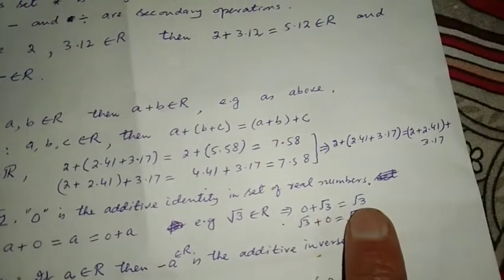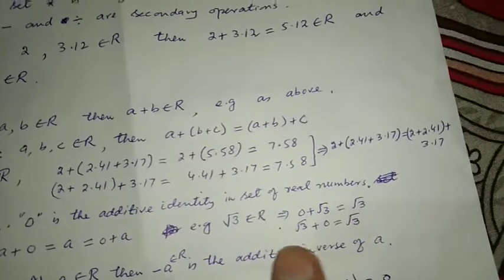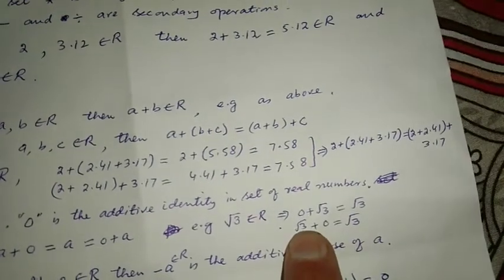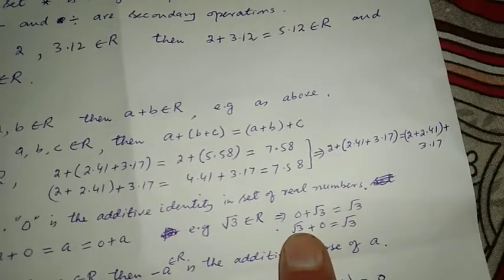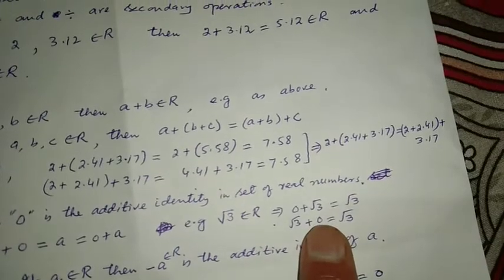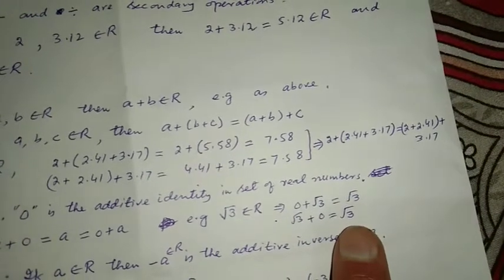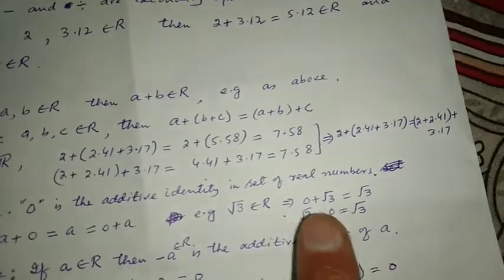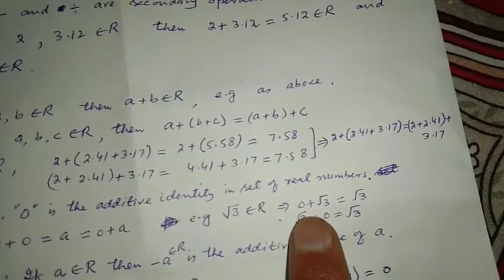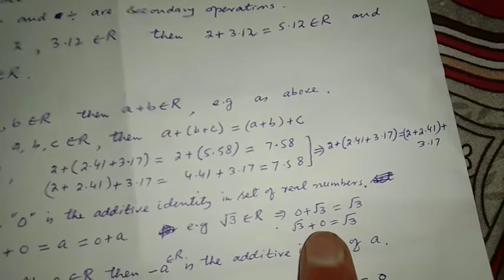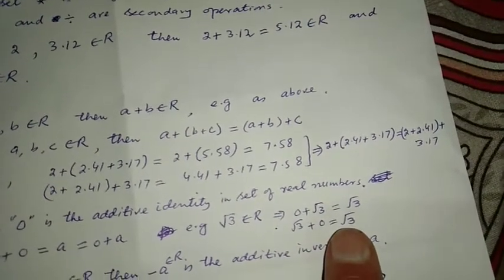So we are getting again under the root 3, and from this side, if we are adding 0 from the right, again we are getting under the root 3. So 0, if added from the left or from the right, the answer is again that real number.